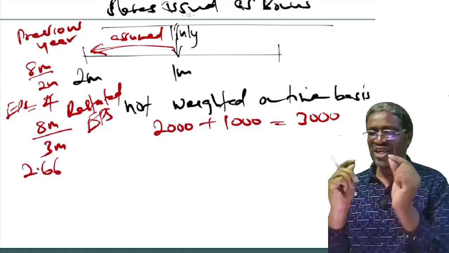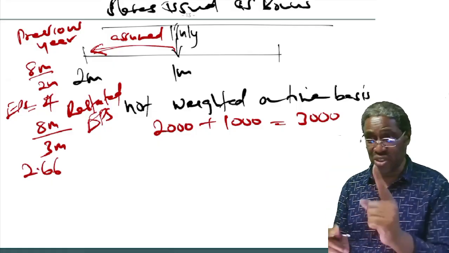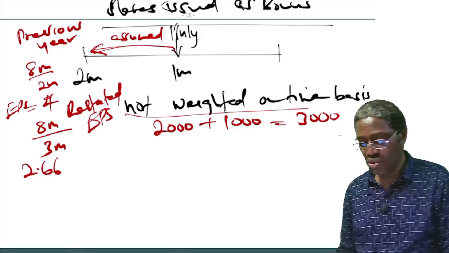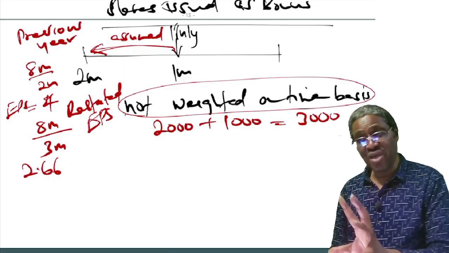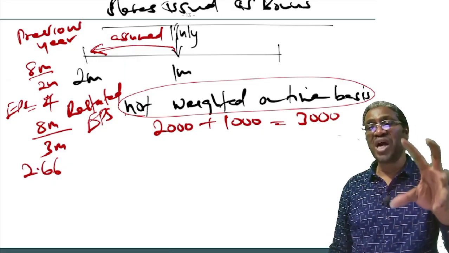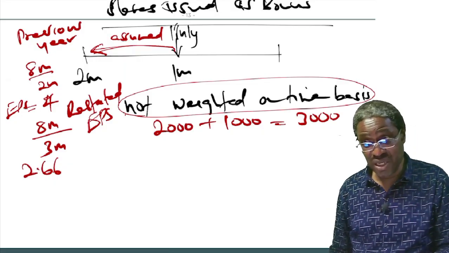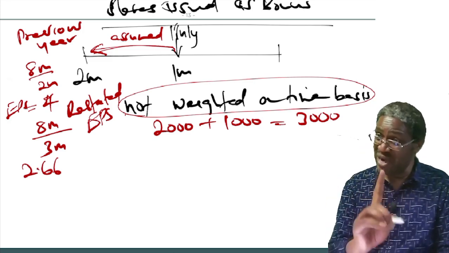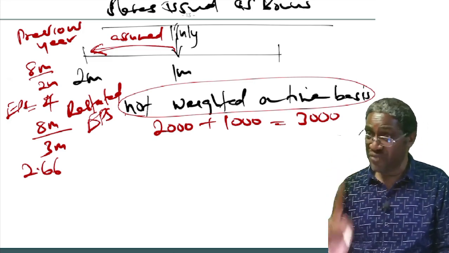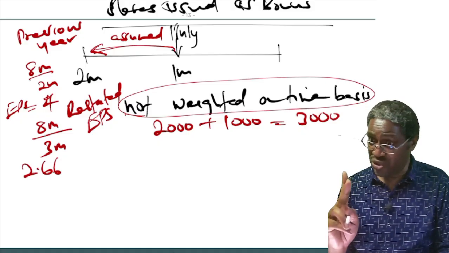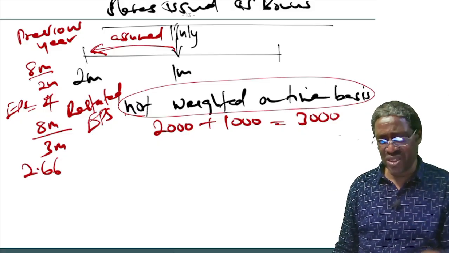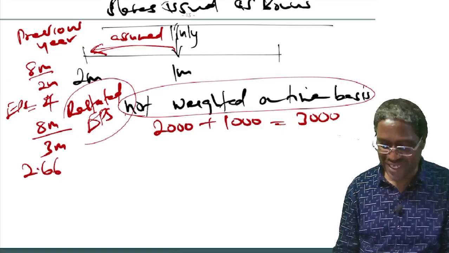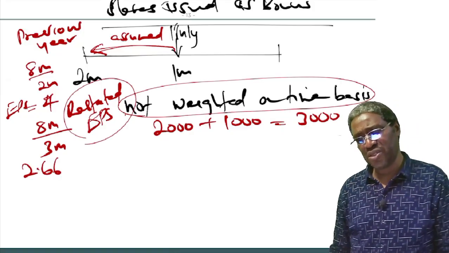That when shares are issued as bonus, one, they are not weighted on time basis. Why? Because they are assumed to be issued at the beginning of the year. So you don't multiply them by the time adjustment factor. Point number 2, important, is that the EPS of the previous year should be restated for comparison purposes.